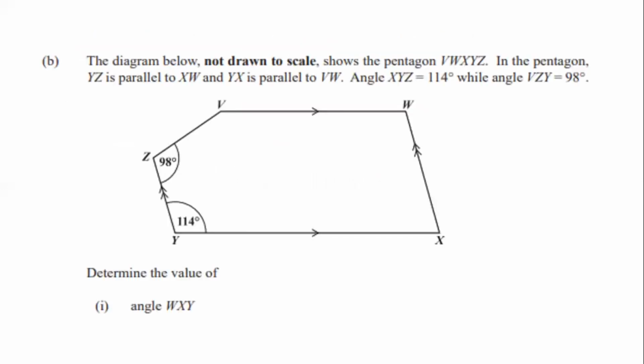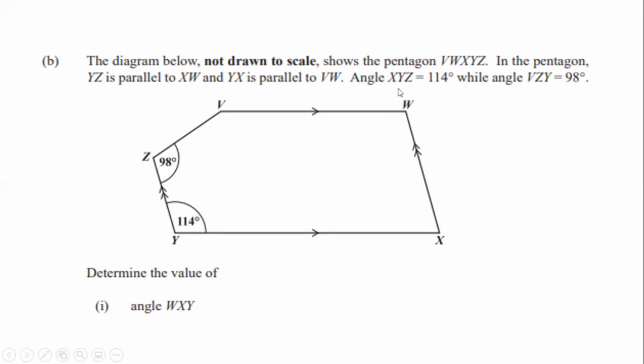Part B now says the diagram below, not drawn to scale, shows the pentagon VWXYZ. In the pentagon, YZ is parallel to XW and YX is parallel to VW.